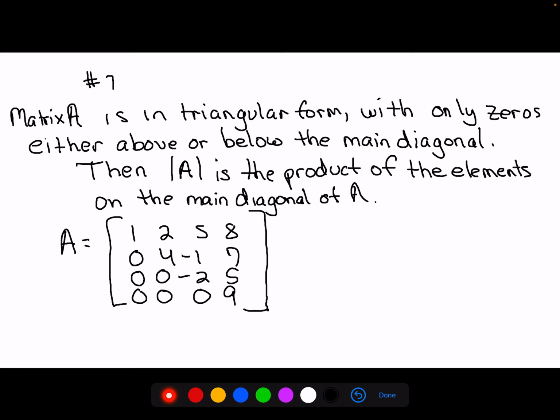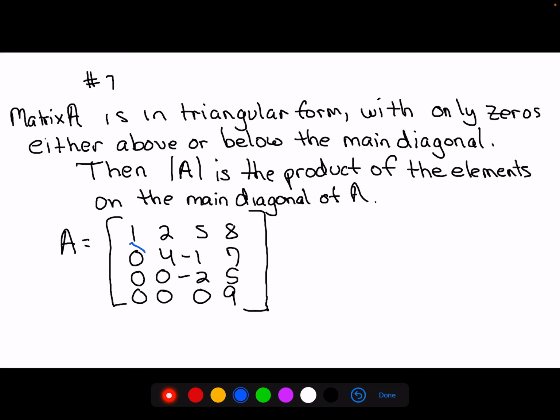Pick a row or column you want to use, and then multiply each element in that row or column by the determinant of that leftover matrix of the elements that are not in that row and column. So you could do all that, but you don't have to.